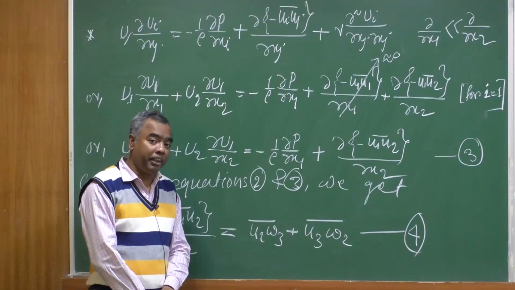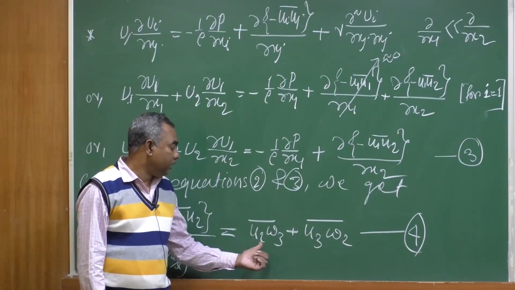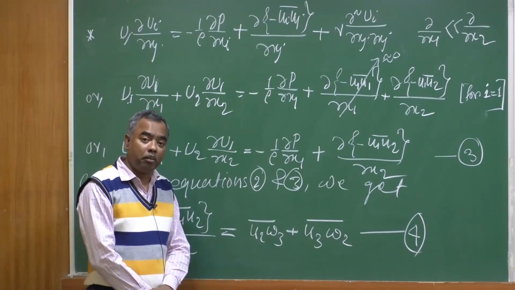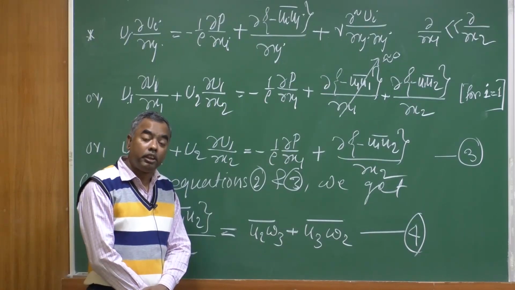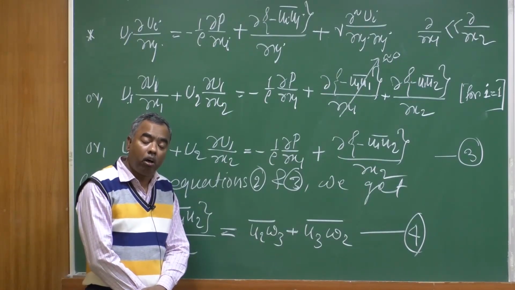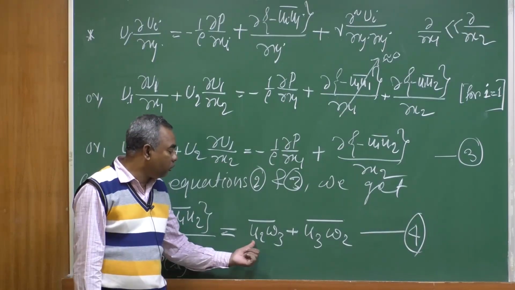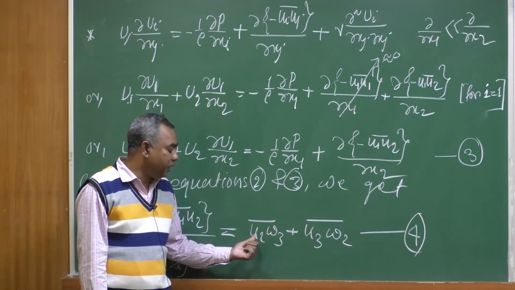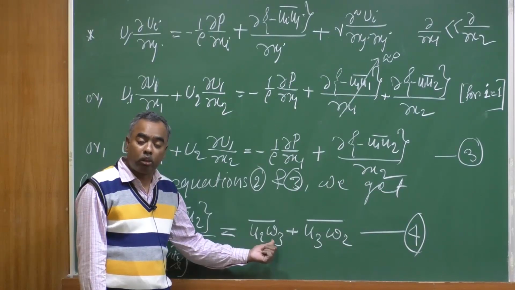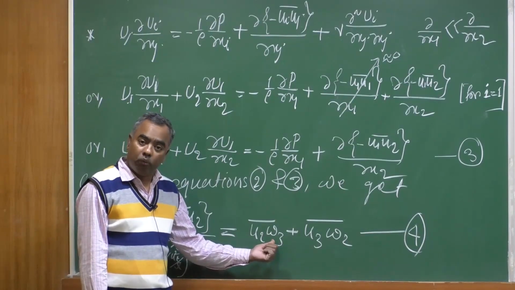That means for very high Reynolds number, their correlation coefficient is very small. Since their correlation coefficient is very small, we can say these two quantities do not correlate well. That means, why?